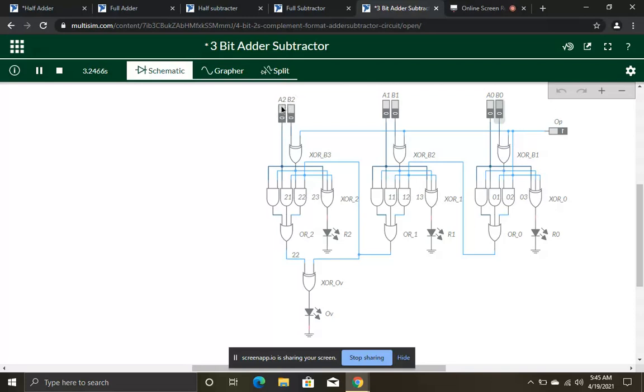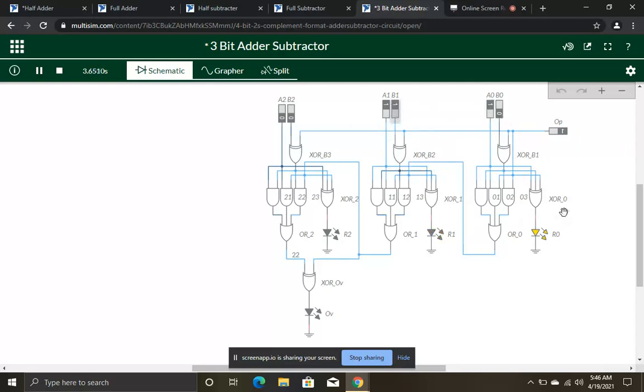Now we will convert them to binary values. The 3 has binary value 0 1 1, and 2 has binary value 0 1 0. Now we will get 0 1 1, 0 1 0.